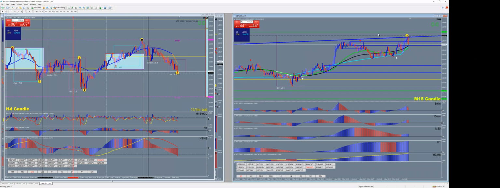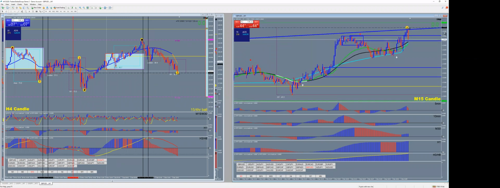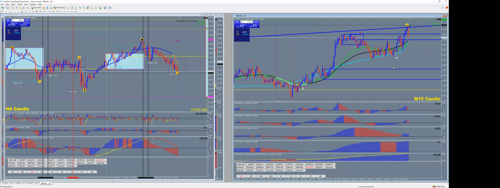I can't, right back to the megaphone. It's a stop hunt, pure and simple. Momentum is reversed. It's taken out the last 3 bars.